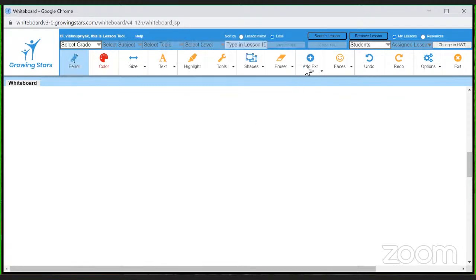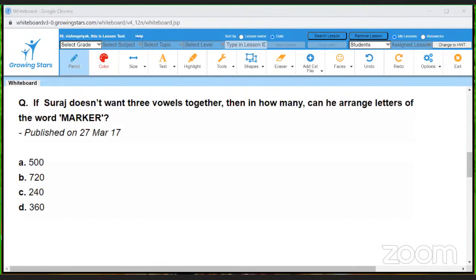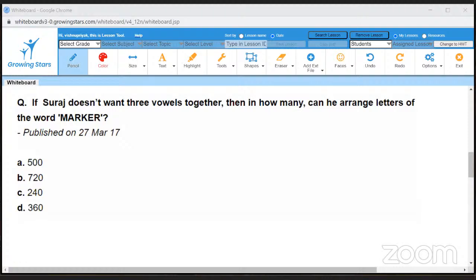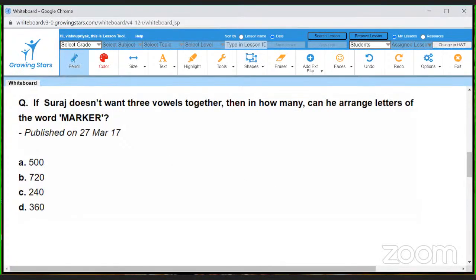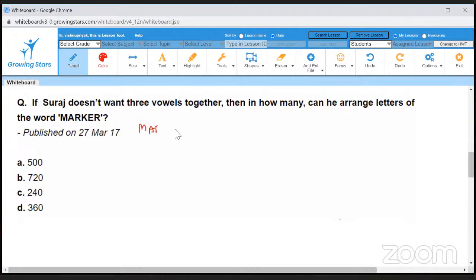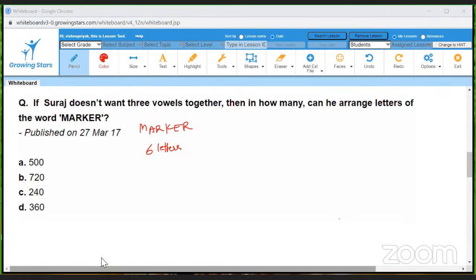Change letters of the word marker. Suppose you take the marker letters as such. In the word marker, there are total 6 letters. You count and keep it that first. Now these 6 letters without any condition, in how many ways can you arrange?